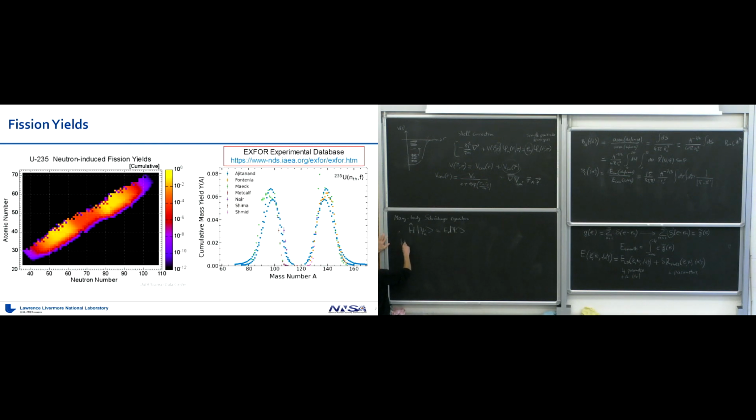And then this operator is typically decomposed into a kinetic energy part and some nuclear potential. So there is a two-body potential in nuclear physics, but there is also a three-body potential, and there is a four-body potential, and there is a five-body, all the way to an A-body potential.